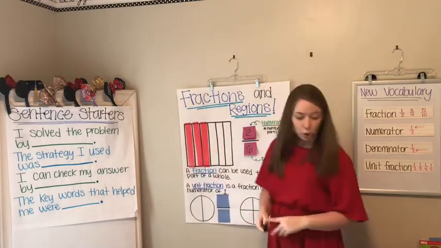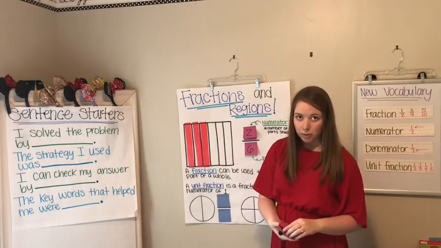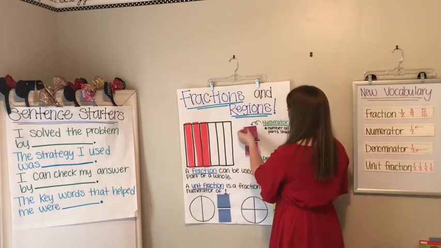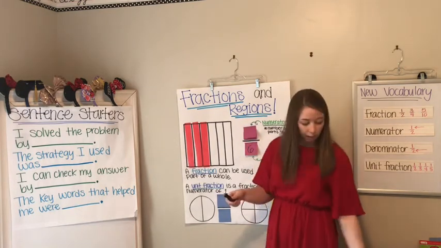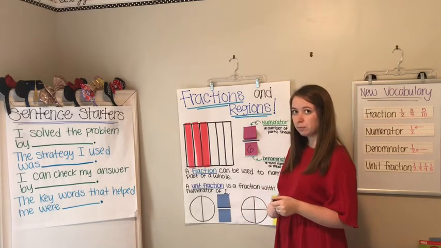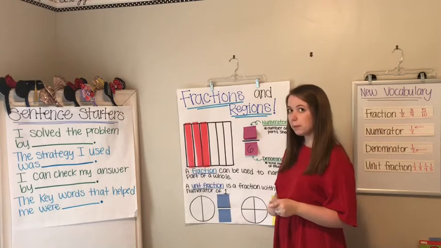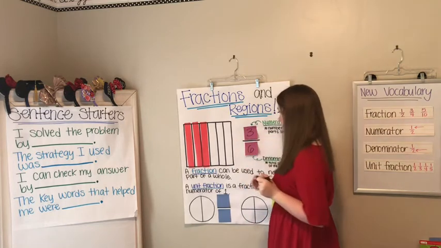All right, so for this one, we know that we still have the same number of equal parts because we're looking at the same picture. But now we're going to look at the total number of parts shaded to find our numerator. What about this one? How many parts are shaded? Yep, exactly, 3. So I'm going to write in a 3 as my numerator.